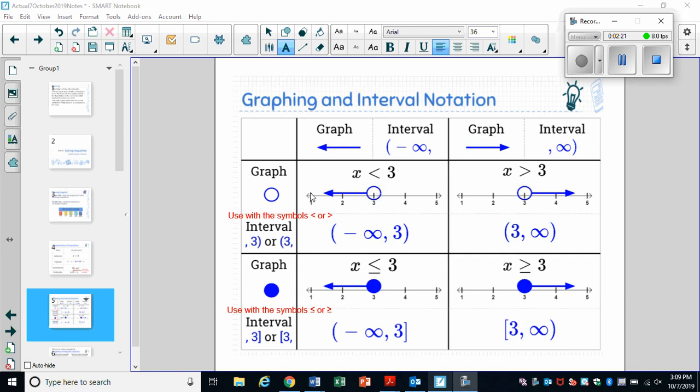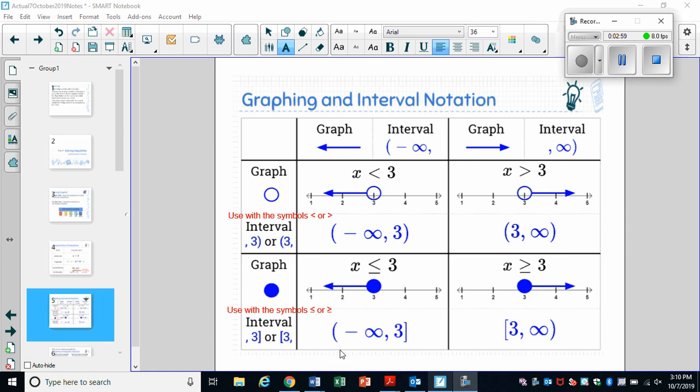And notice how when the arrow goes to the left, you would always start with a parentheses, negative infinity, because again, in both open and closed circles, arrow to the left goes on forever and ever. And we'll never get to negative infinity. So that's why we use the parentheses. We'll never touch negative infinity. But nonetheless, for less than or equal, we always draw our line to our left.